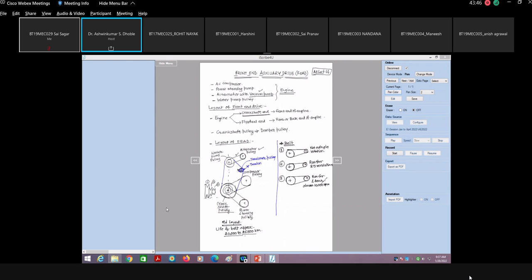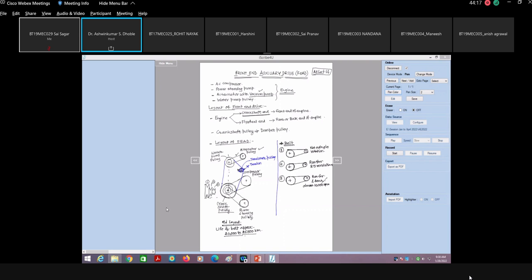In the first situation you have just fitted the belt and it has not run a single rotation. Then in the second case you have fitted a brand new belt, taken out from the packet and fitted on the pulleys, and it has run for 25 revolutions. Then the third one is you take out a brand new belt, fit it and run it for almost 10,000 revolutions, say 1 hour.